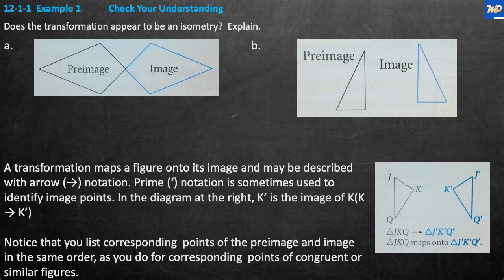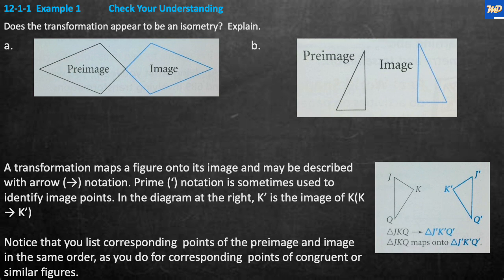Okay. Then it says at the bottom here, a transformation maps a figure onto its image and may be described with arrow notation, or prime notation is sometimes used to identify image points. In the diagram at the right, K prime is the image of K, the shift from K to K prime, right?